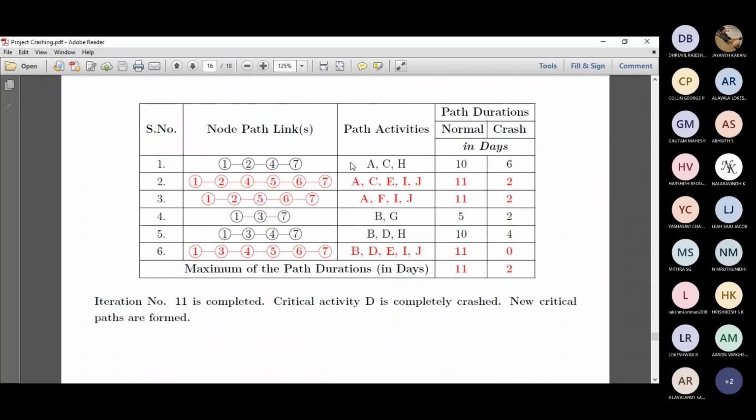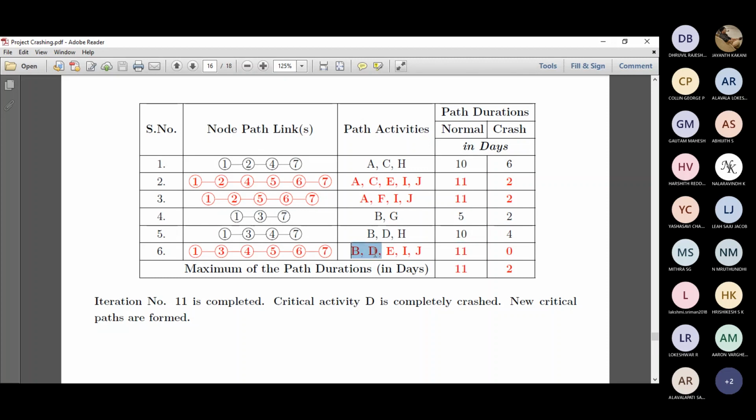And now we have got three critical paths. Path number 1, ACEIJ. Path number 2, AFIJ, or you can even take the original as path 1. Say BDEIJ is path 1, ACEIJ is critical path 2, and AFIJ is path 3. All have got the same critical path duration. So it is 11, right?